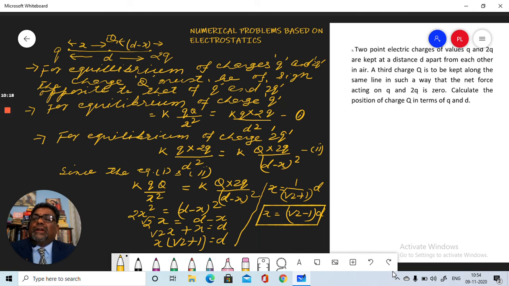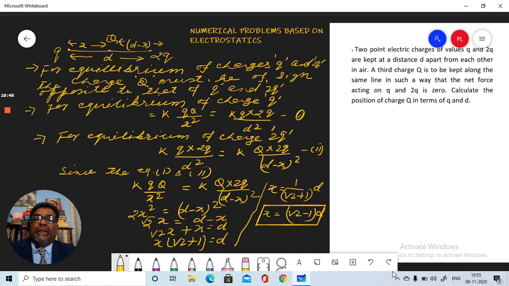There are two charges q and 2q kept at a distance d. A third charge Q is introduced at a point so that the net force of the system becomes 0, and this is what the question requires to be satisfied, that they maintain the equilibrium position. For equilibrium of charges q and 2q, the charge Q must be of sign opposite to that of q and 2q.